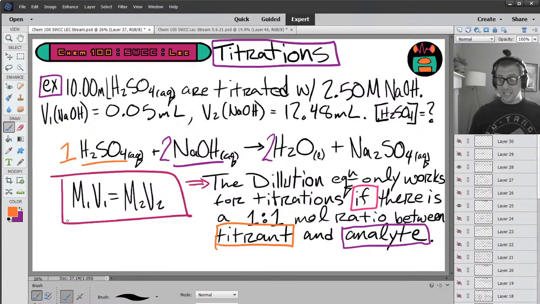The problems on the exam will largely, if not exclusively, be titrant and analyte problems that are not 1-to-1 ratios. So I caution my students to stay away from using this in the exam context and out of it. But if you choose to use it out of the exam context, you have to make sure there's a 1-to-1 ratio between titrant and analyte in the balanced chemical equation before employing the dilution equation in the context of titrations.